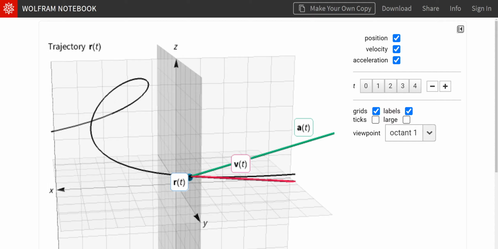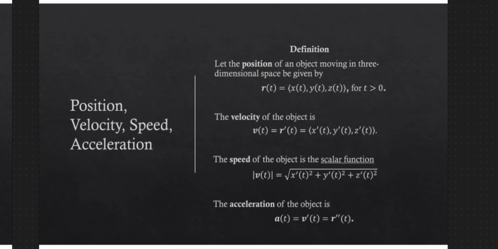Let's work through an example. So one thing to point out here is that there's sort of two ways that an object can accelerate. One comes from change in speed. If my object starts moving faster along the curve, that'll contribute to the acceleration.